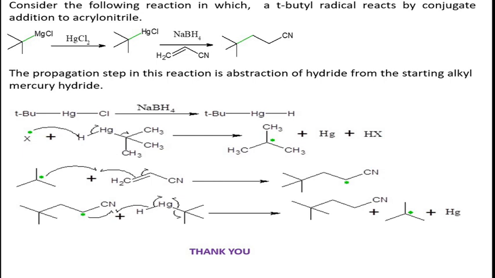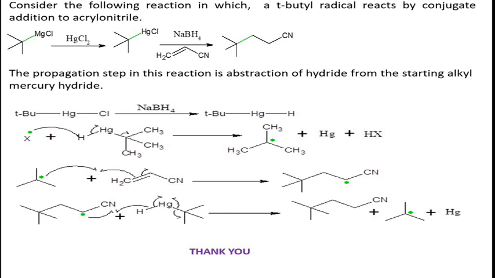On reaction with a radical initiator or even at 20 degrees Celsius, this tertiary butyl mercury hydride decomposes to the alkyl radical, that is the tertiary butyl radical, and this tertiary butyl radical undergoes an addition reaction. During this step, there is reaction between the tertiary butyl radical and acrylonitrile, CH2=CHCN.